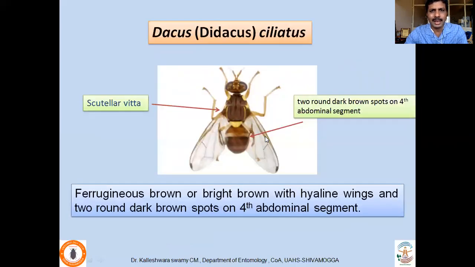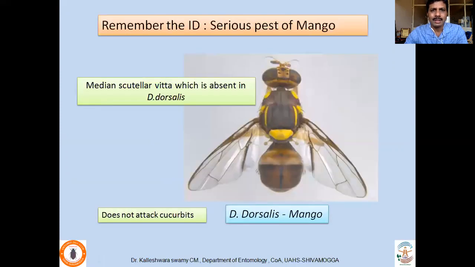Whereas Dacus ciliatus has only two scutellar vittae, the lateral vittae, and there will be two dark brown spots on the fourth abdominal segment. Thereby we can distinguish it from the other species. Usually Zeugodacus cucurbitae is confused with Dacus dorsalis in size.